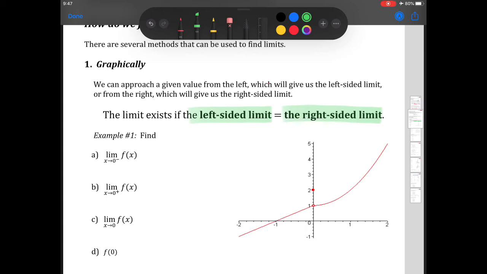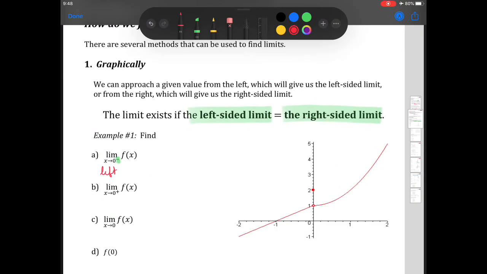First of all, let me highlight it. This is not negative. This means from the left, as x is approaching 0 from the left.